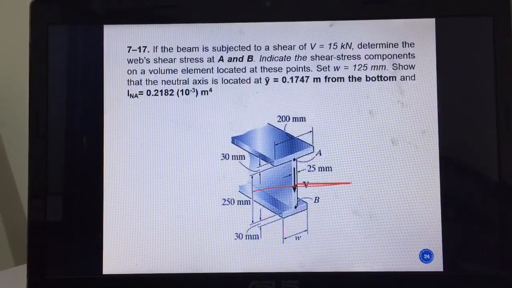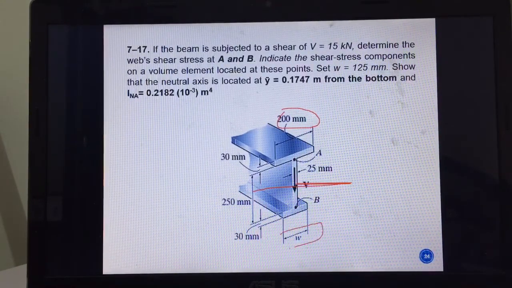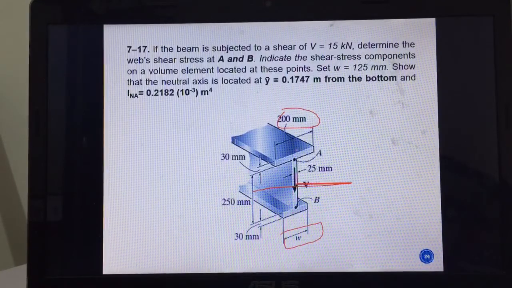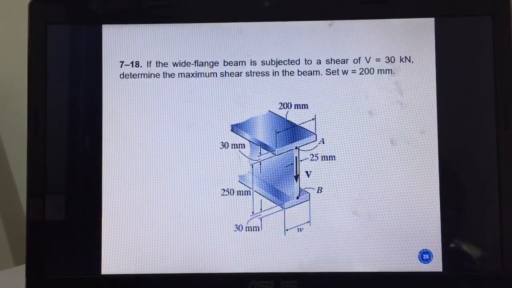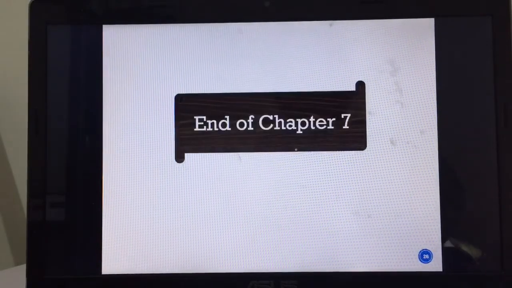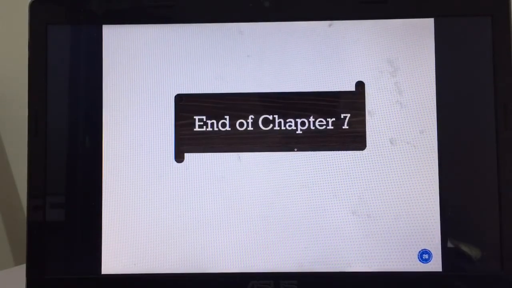You can see that the top flange is 200 millimeter, while the width of the bottom flange is W, which is not the same. It's smaller than 200 millimeter, right? Then the same for 7.18, and that's the end of chapter 7. So please look at the tutorial questions and good luck. Assalamualaikum.